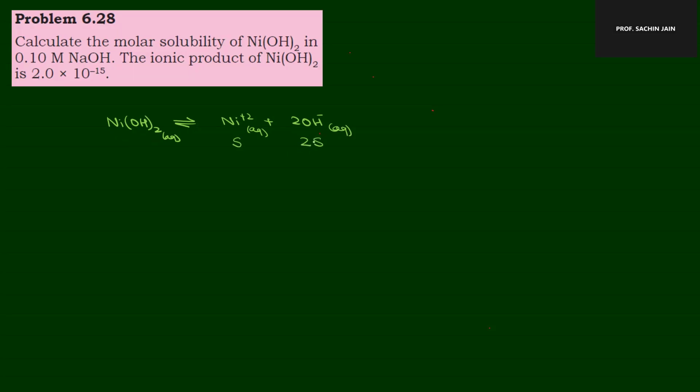Now in normal scenario, when there is no other electrolyte in which there is nickel plus or OH minus common, then no problem, you proceed as per your normal flow.